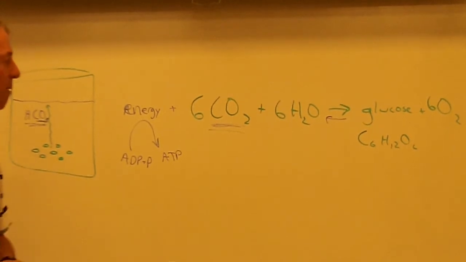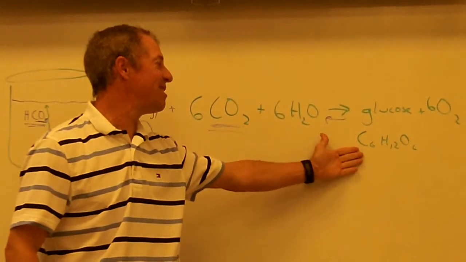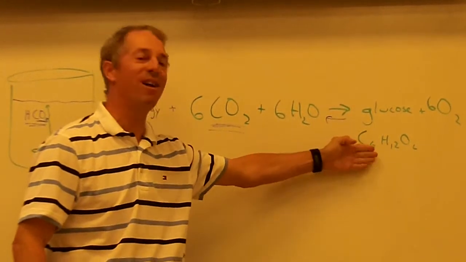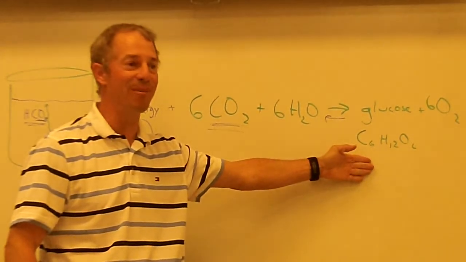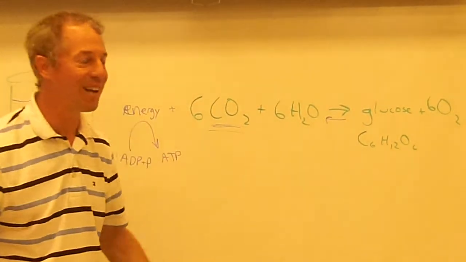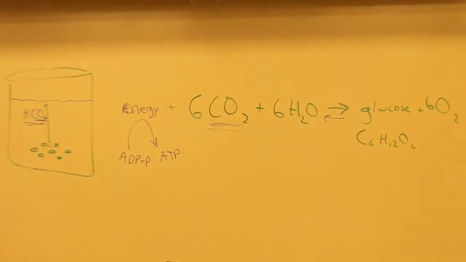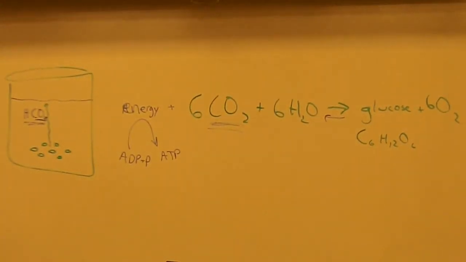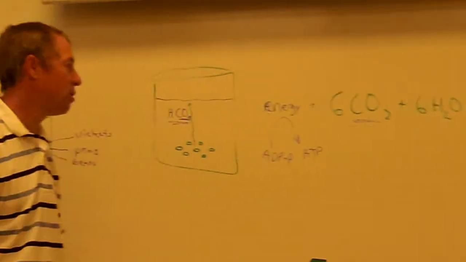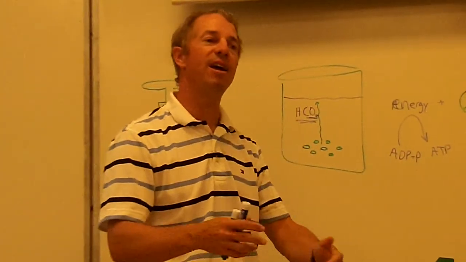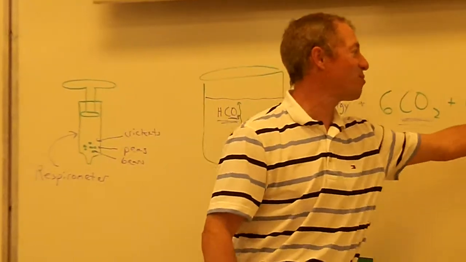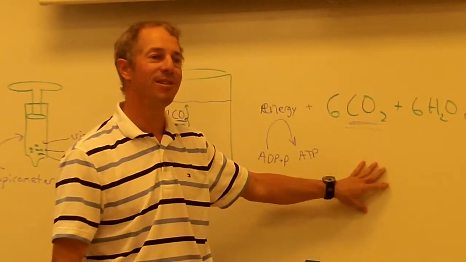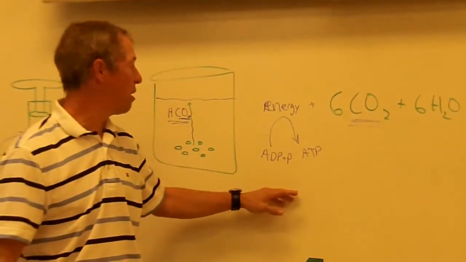One candy bar has about 10 to the 20th of those molecules in it. I mean, it's a huge number. So you're making a lot of ATP every time you eat. So, any evidence coming out of your body right now that you are doing this process inside you? Heat. Yeah.